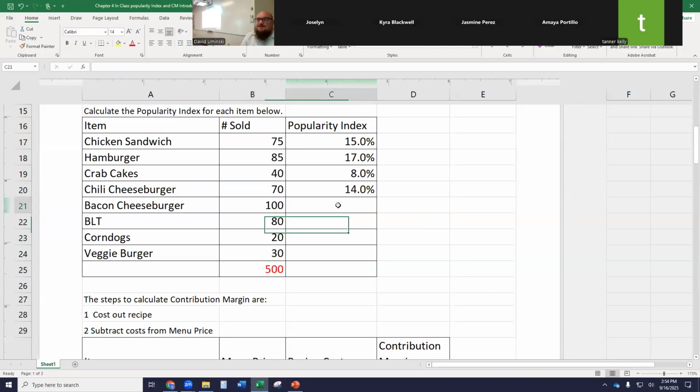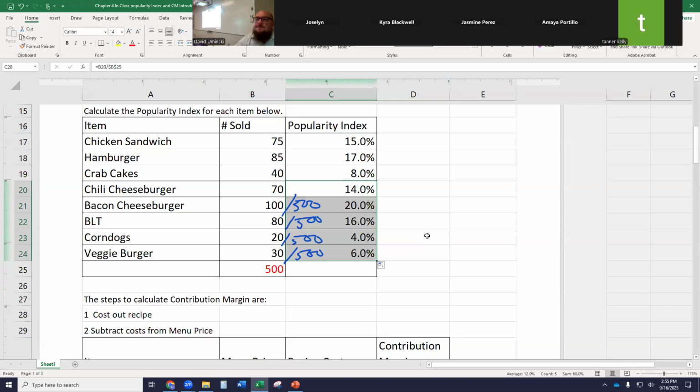And then you're going to do what? We want to do each item and we want to divide by 500 because that's our total. Okay. Question, Mr. Aminsky.